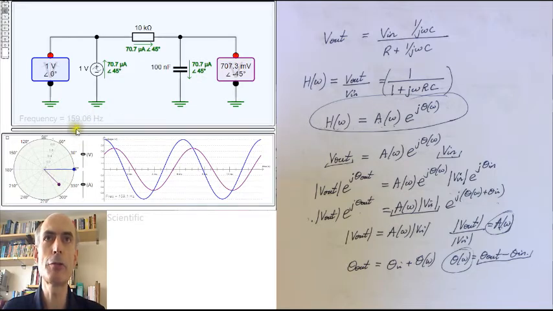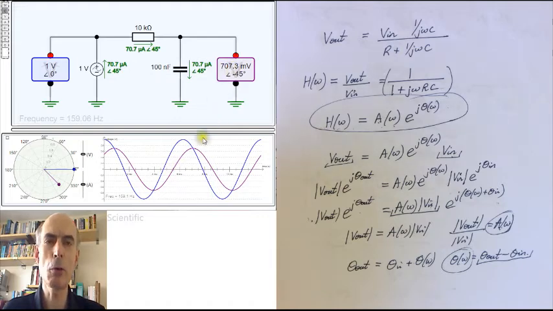So at this particular frequency of 159.06 Hertz, the magnitude of the output is about 1 over root 2 volts. The phasor appears there, and the difference between the phase of the input and the output is about 45 degrees. It's minus 45 degrees. That's why it's shown down here on the phasor diagram.